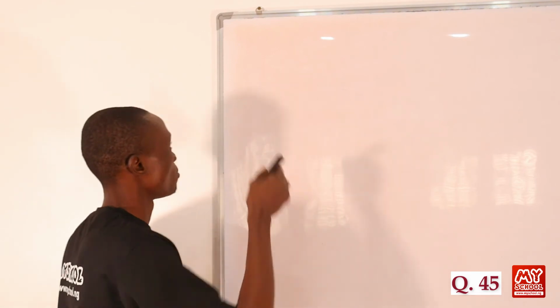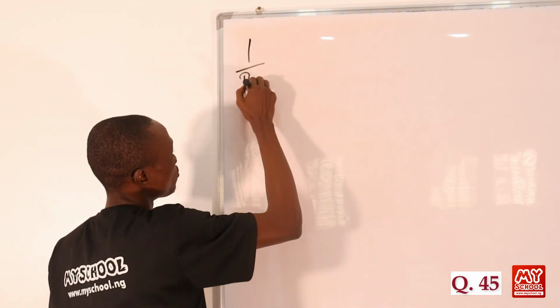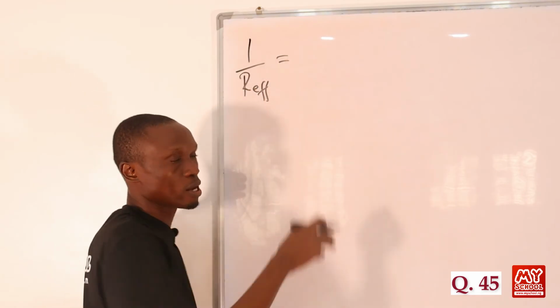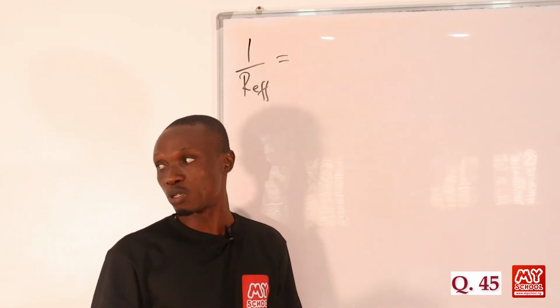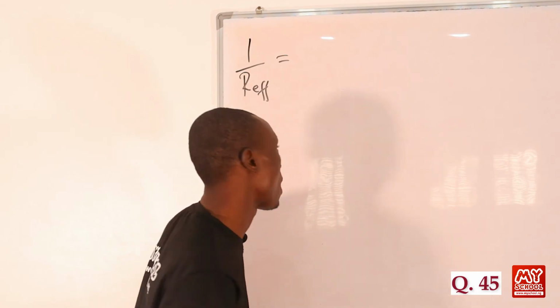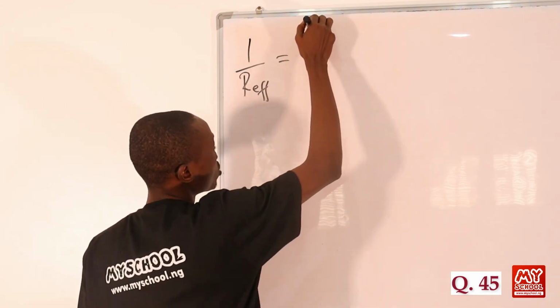Now, what you must take note there is that the X there represents a resistor, and the two resistors are in parallel, right? So for us to calculate effective resistance when they are in parallel, remember that will be 1 over R effective. Okay, so let's take it when the current there is equals to 3 amperes. So in that case, we're having 5 ohms.